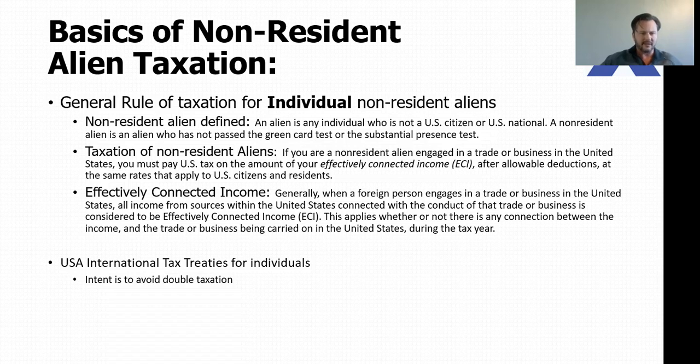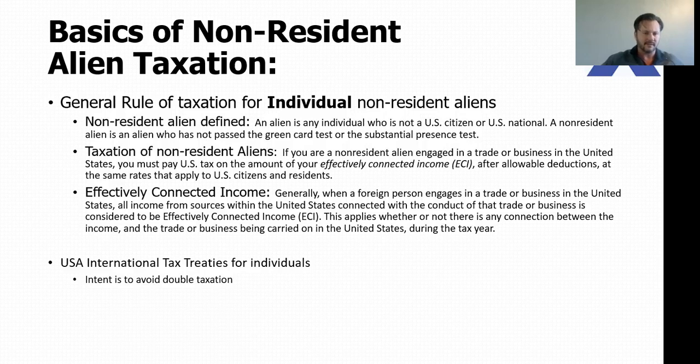And then effectively connected income: when a foreign person engages in a trade or business in the United States, all income from sources within the United States connected with the conduct of that trade or business is considered effectively connected income. So the definition again is somewhat broad.